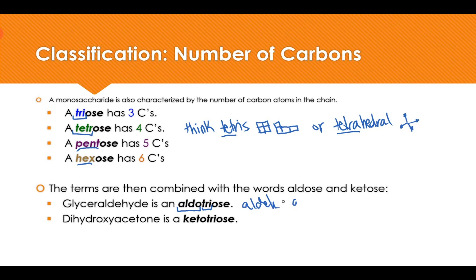I can't spell aldehyde right now. And then a ketotriose would mean ketone, 3 carbon sugar.